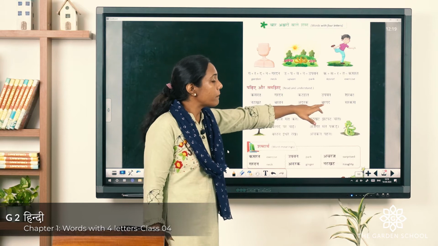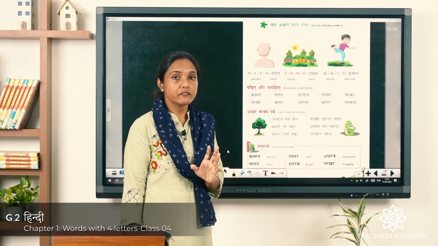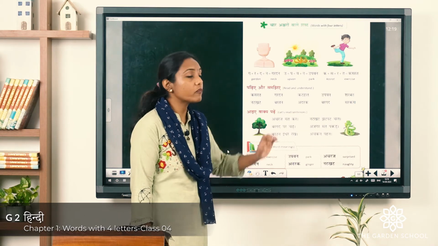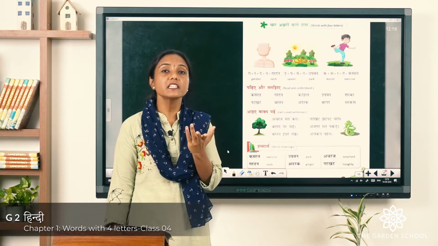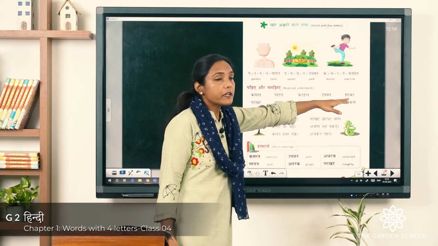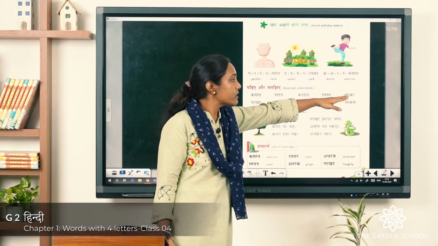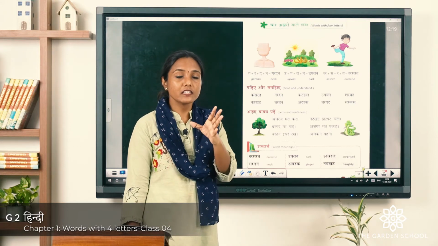Bargad. Bargad means banyan tree, you might have seen, right? In Hindi we call it bargad. Bargad ka ped we say. Ped means tree in Hindi. Sharbat. Just repeat with me, sharbat. Sharbat is a sweet juice, okay? It's a drink.